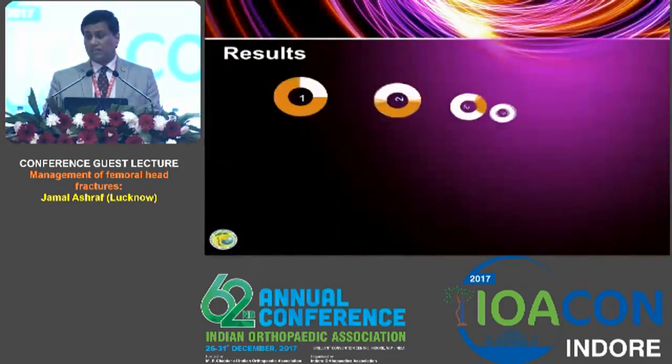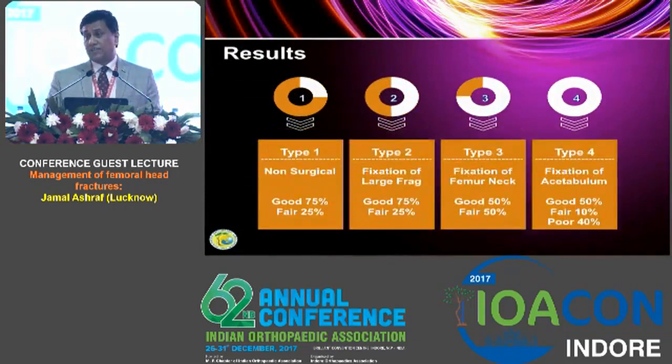The results are quite encouraging for type 1 and 2 fractures. In fact, studies have shown that you get good results in 75% of cases in type 1 and type 2. But the results in type 3 and type 4 are unpredictable. The major influencing factors would be the time elapsed from injury to treatment and the anatomical reduction that you have been able to achieve.